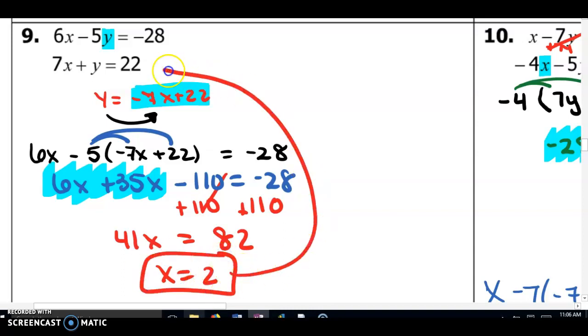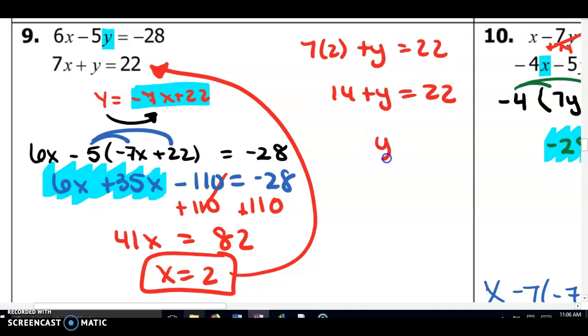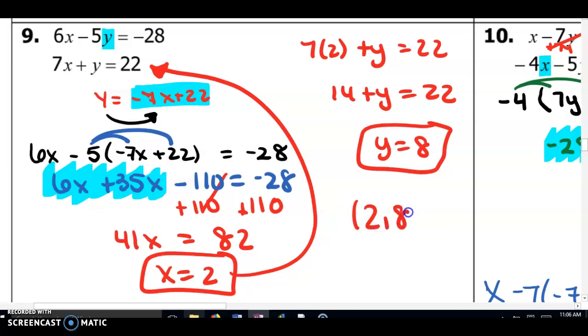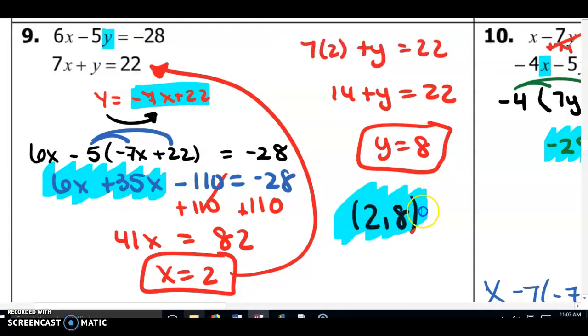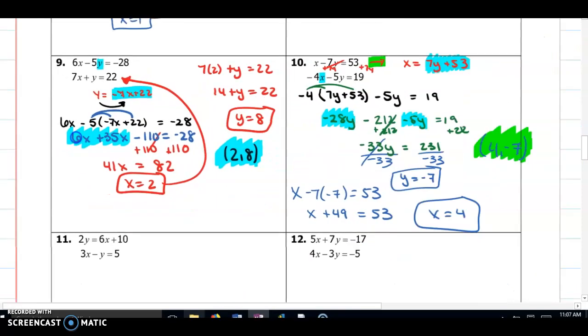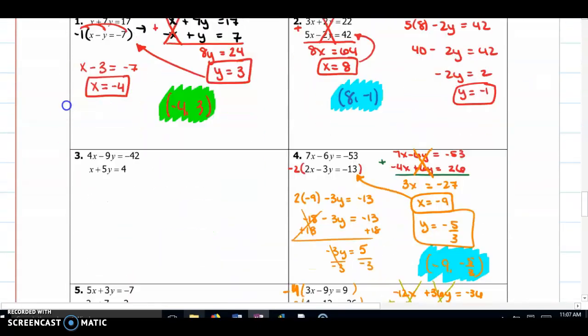We're going to plug that into one of the easier equations. 7 times 2 plus y equals 22. 14 plus y equals 22. So y is 8. All right. So that gives us a point of 2, 8. And that is the substitution method. Let's go down and we'll try one with elimination.